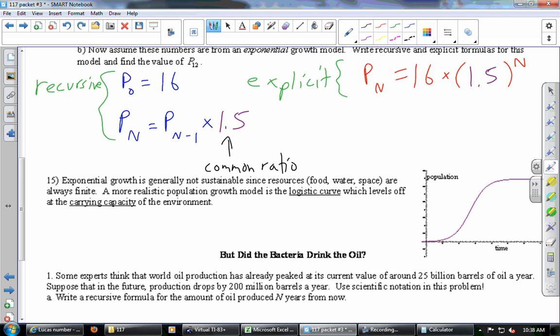N is in the formula. Go back to the previous page. Make sure you see every number in that formula on the page. So that formula says Pn equals start amount times common ratio raised to the n.